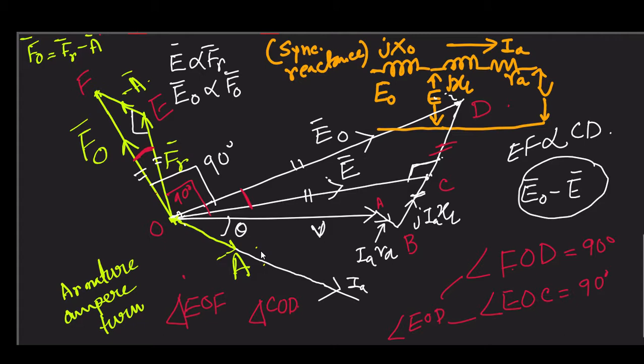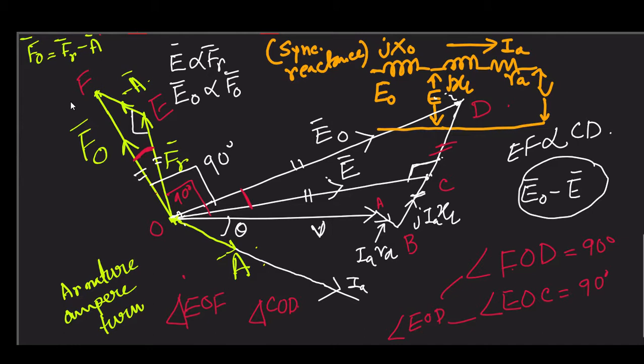If you know the scale of proportionality between voltage or EMF and MMF, then from E you can draw FR, leading the phasor E by an angle of 90 degrees. Then, applying the relationship F naught equals FR minus A, you can construct the phasor F naught, and using the same proportionality constant, you can construct the phasor E naught, lagging F naught by exactly 90 degrees.